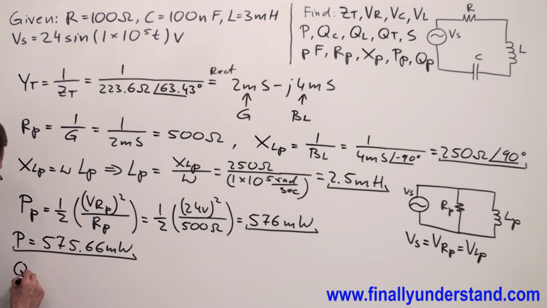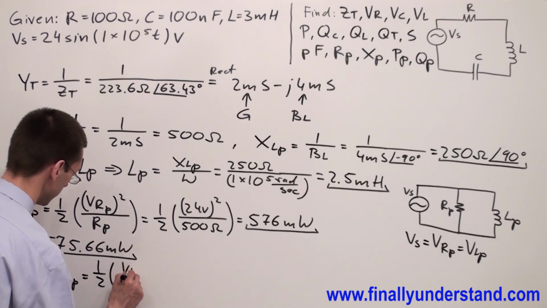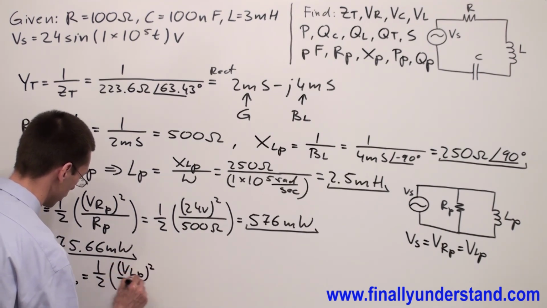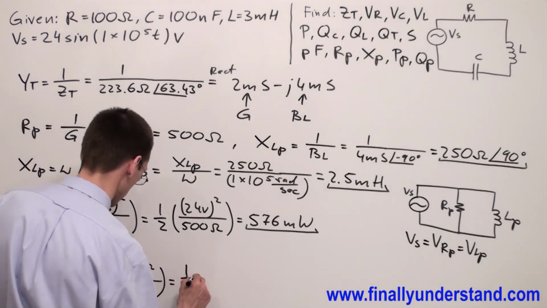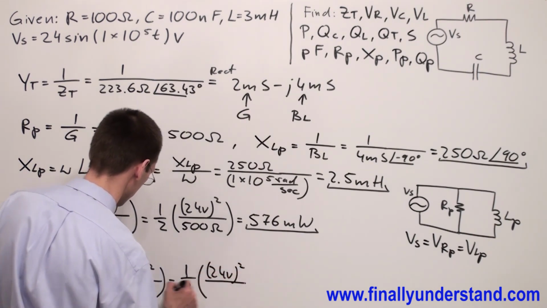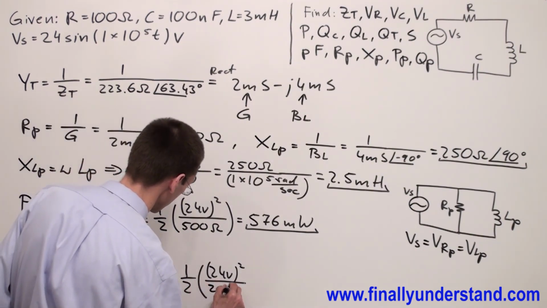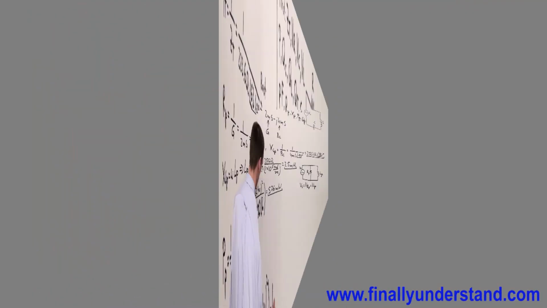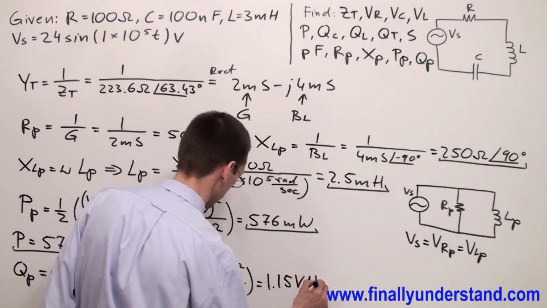I have QP, the reactive power in the parallel circuit, so I can say that this is my QLP, which is equal to 1/2, and I have VLP to the second power over XLP, equals 1/2, and I have 24 volts raised to the second power over XLP, and we found that this is equal to 250 ohms, which is equal to 1.15 VAR.